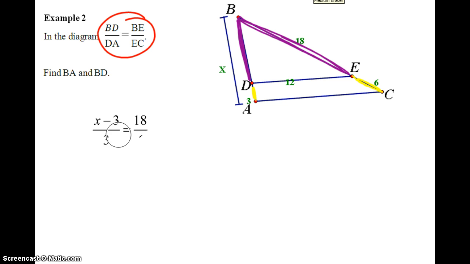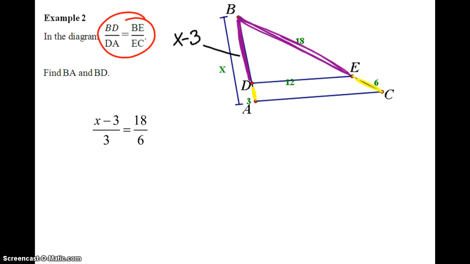BD would be equal to x minus 3. So let's look at that for a second. If the large blue segment is x and the yellow segment is 3, then the purple part must be the big segment minus the small segment. So for example, if x was 10, then we know the purple segment must have been 7.